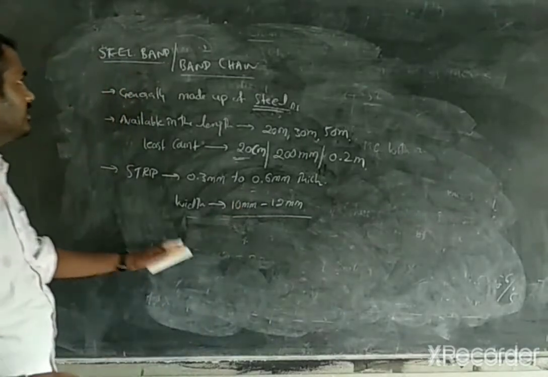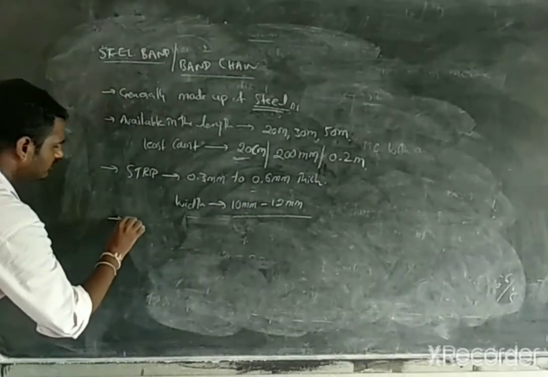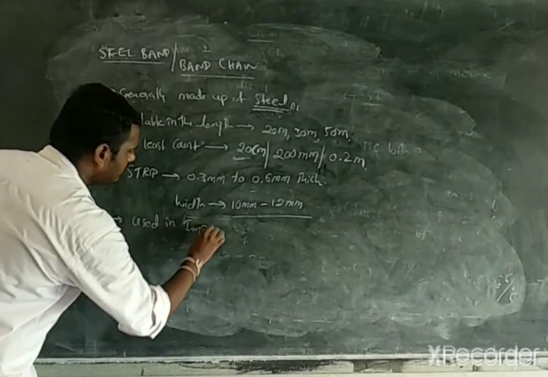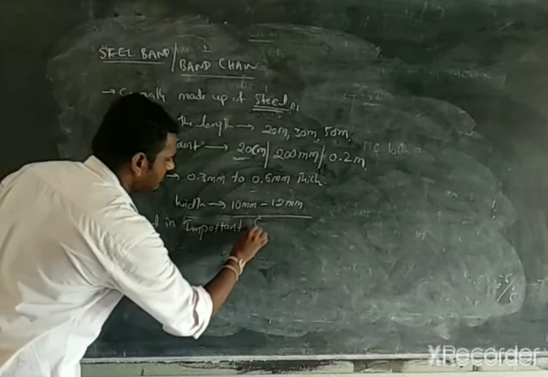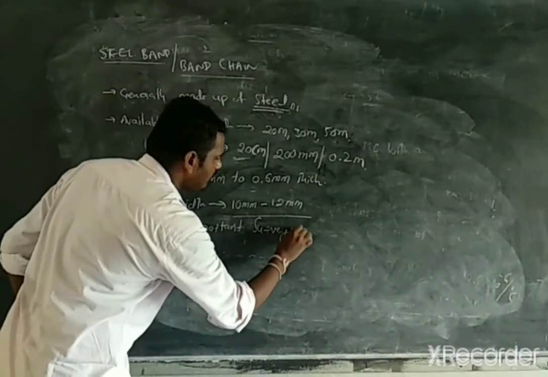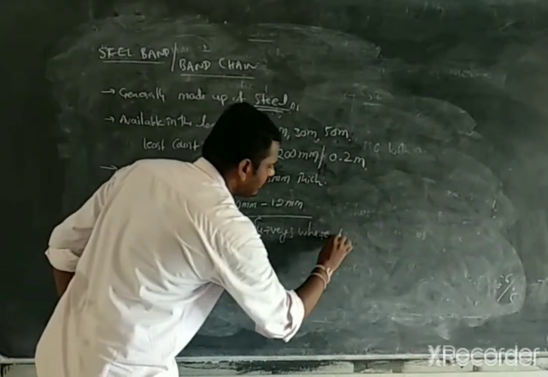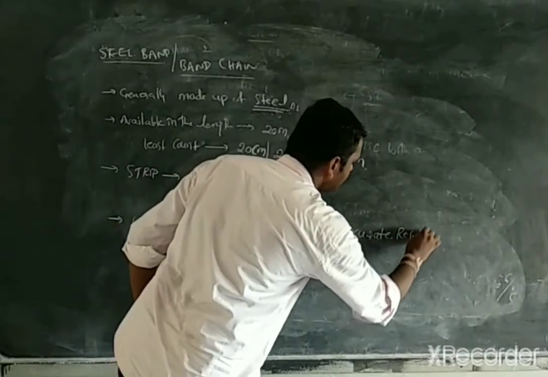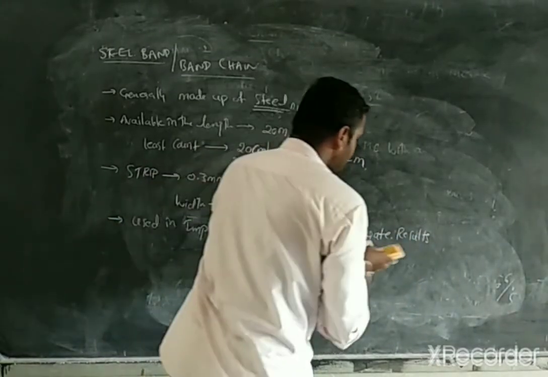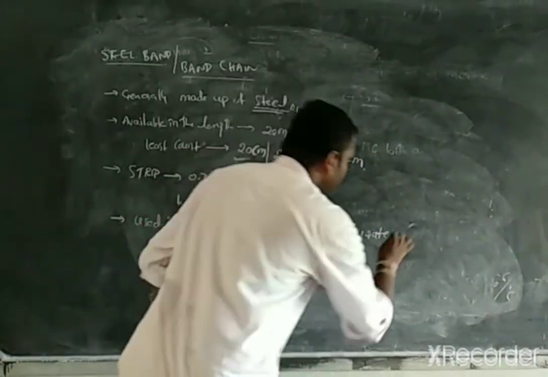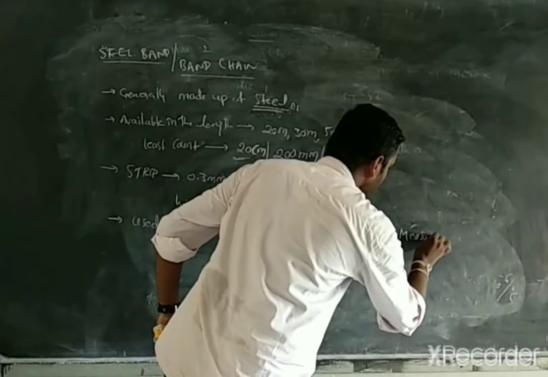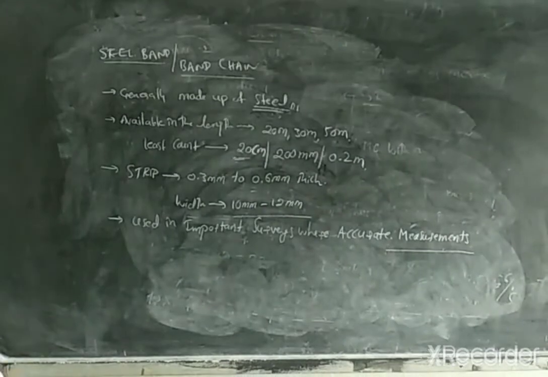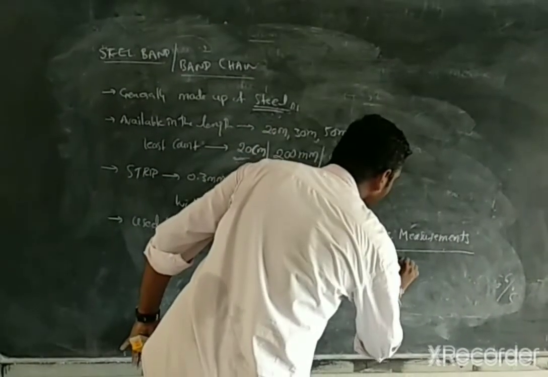It is mostly used for important work where you want to get accurate measurements. There we utilize this steel band or band chain, used in important surveys where accurate measurements are needed.